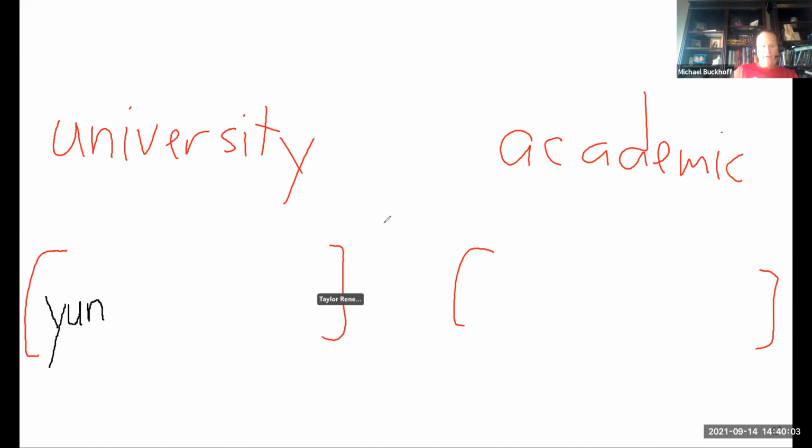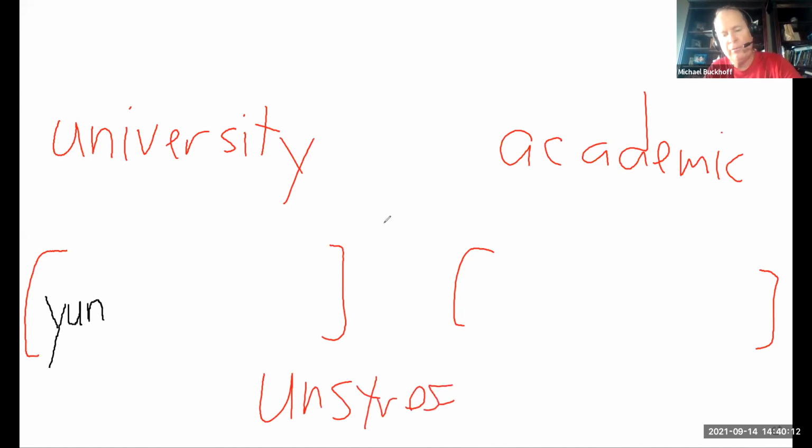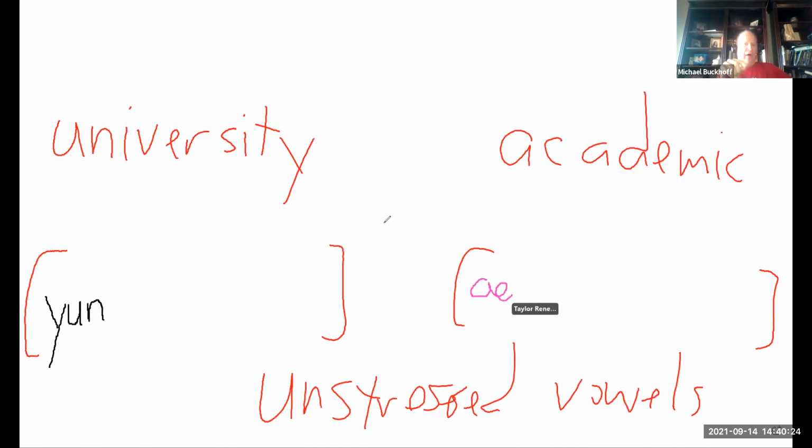And there's variation here, right? Especially with unstressed syllables, unstressed vowels. You'll see a lot of variation with transcriptions. The unstressed vowels: is it the big I? Is it the schwa? Those kinds of things.